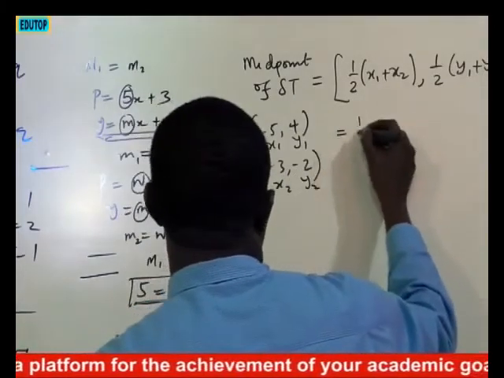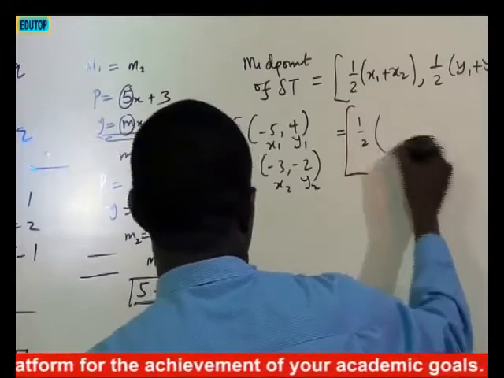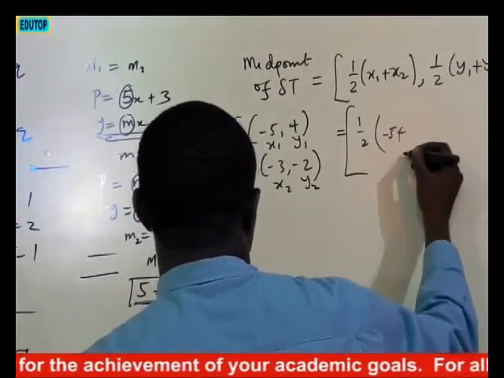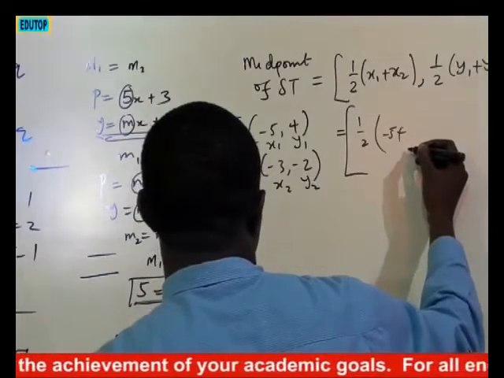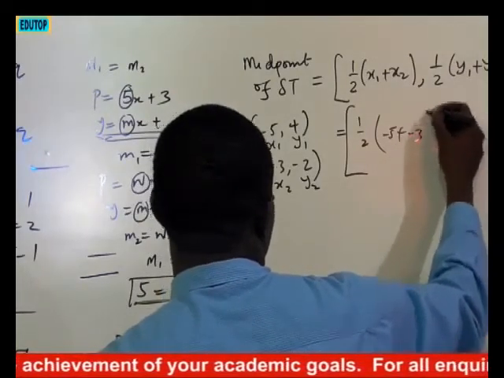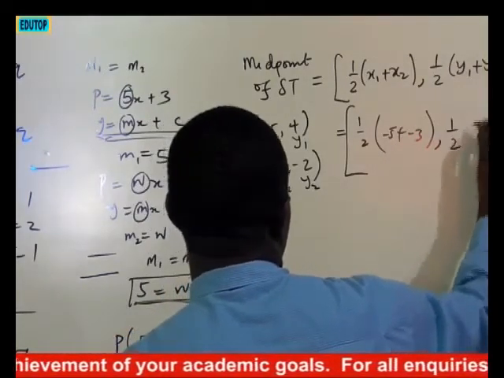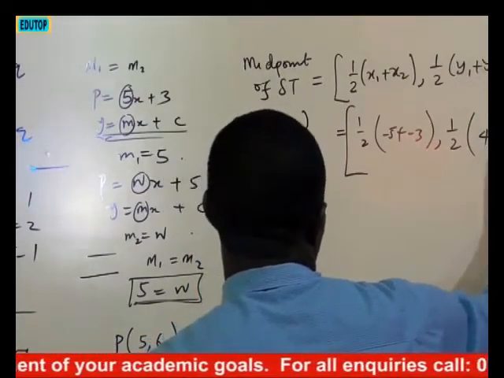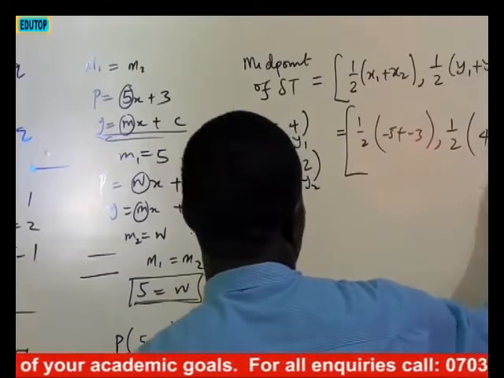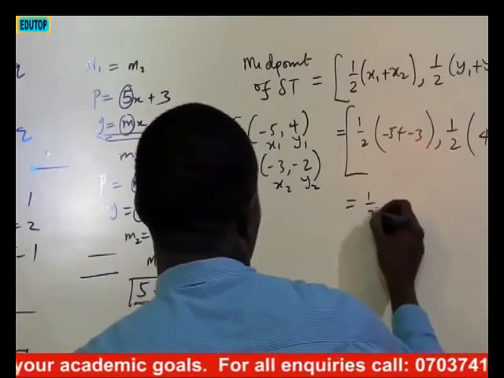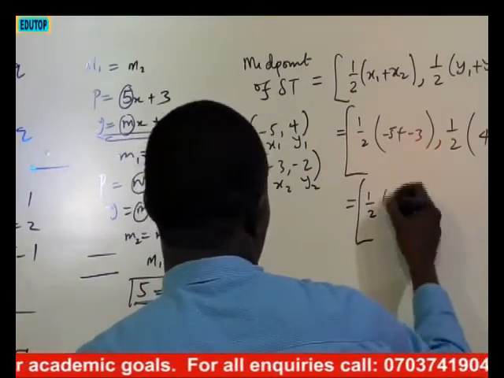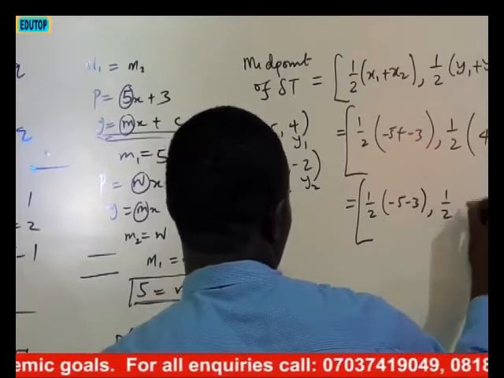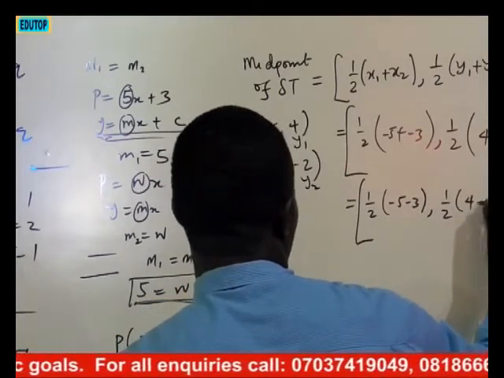So I'll just come here, 1 over 2, times what is my x1? Minus 5. Plus, what is my x2? Minus 3. Comma, half. What is my y1? 4. What is my y2? Plus, minus 2. This one will be minus 5 minus 3, comma, half of 4 minus 2.